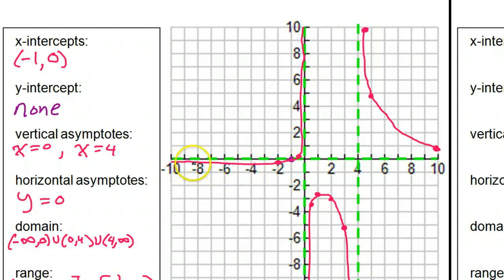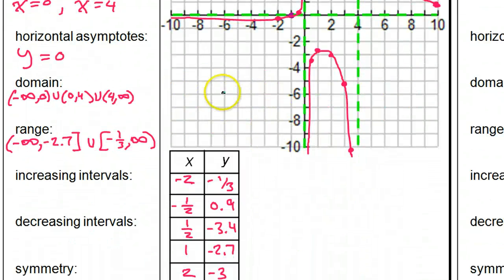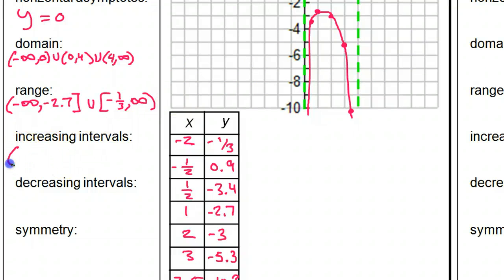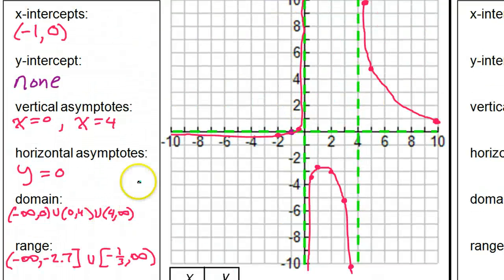So mostly this graph is increasing from negative infinity to 0. Just x values, please. I'm just going to pretend I didn't notice the dip. From negative infinity to 0, it's pretty much increasing over that interval.